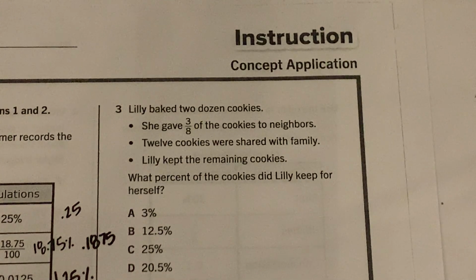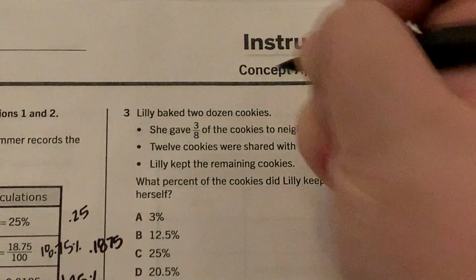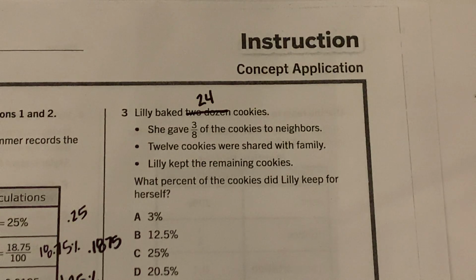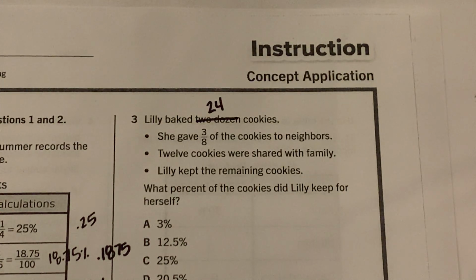Number 3. Lily baked 2 dozen cookies. How many cookies are in 2 dozen cookies? 24. She gave 3/8 of them to neighbors. Twelve cookies were shared with family.